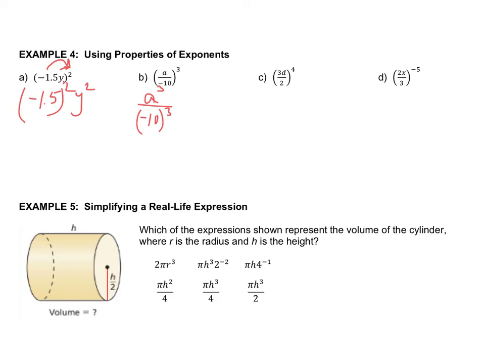Now these next two you really have to think out. So C is actually combining power of a product with my numerator and then power of a quotient. So the power of a product, so here's my numerator. I have two bases on the inside. So 3 gets the 4 and D gets the 4. In the denominator, 2 gets the 4.